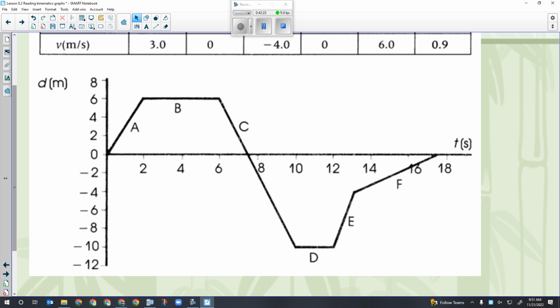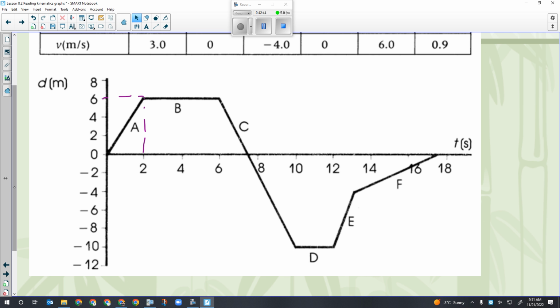This is an object traveling at a constant velocity. That's the part I was looking for. How do we calculate that? We went 6 over 2. So it's traveling forwards at a constant velocity. If I was asking that question, that's the answer I'd be looking for.